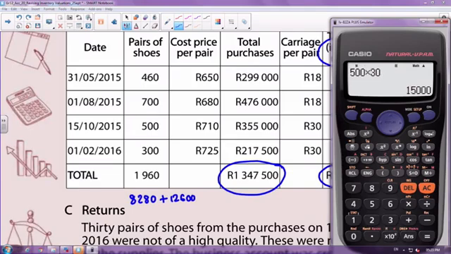and that gives you a figure of 15,000. You've got your 300 pairs times 30, and that gave you a figure of 9,000 Rand.